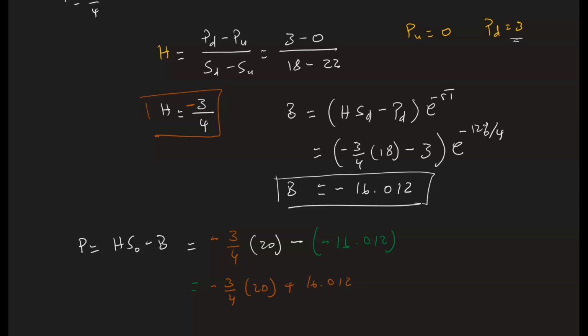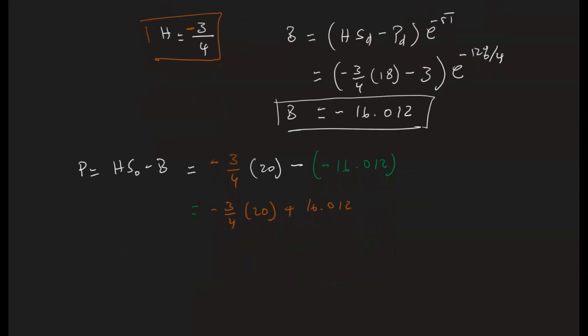Now, 3/4 is 75%, 75% times 20 is 15, so minus 15 plus 16.012.